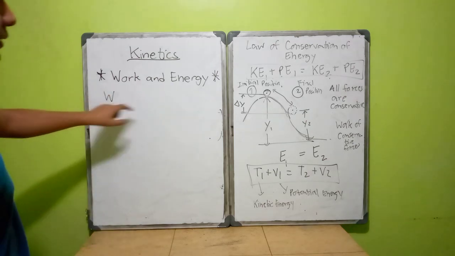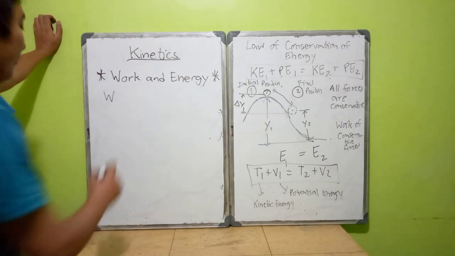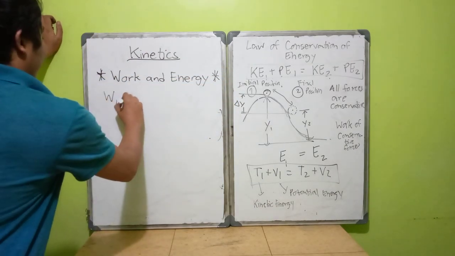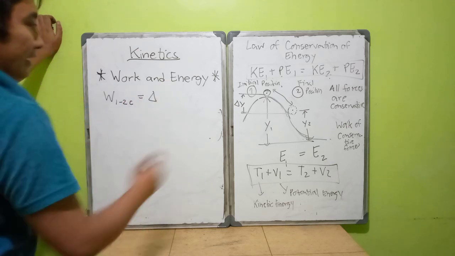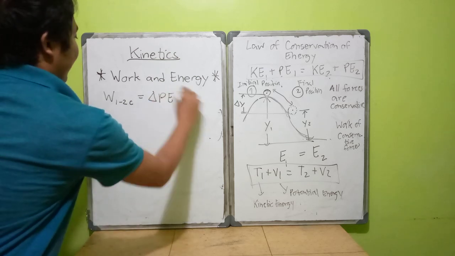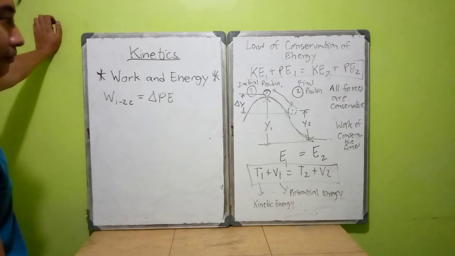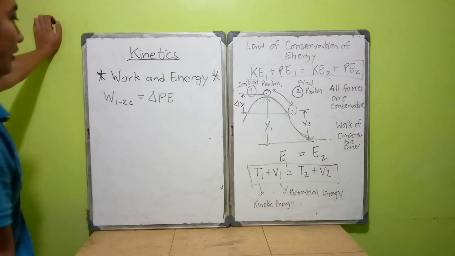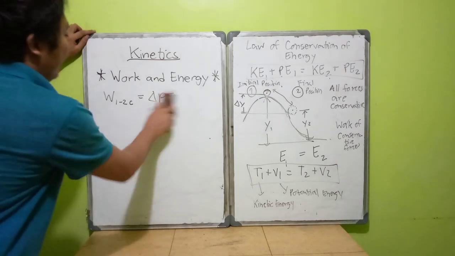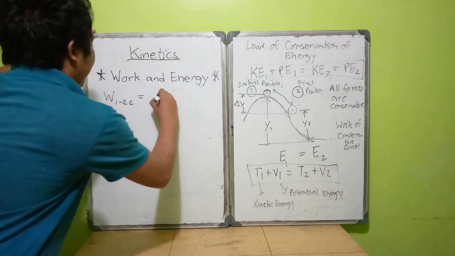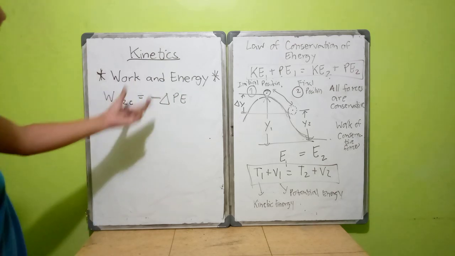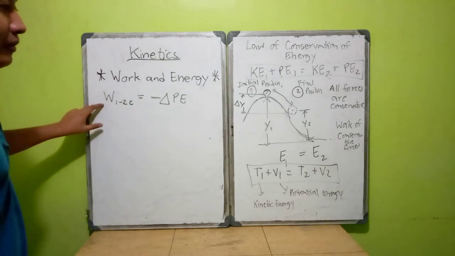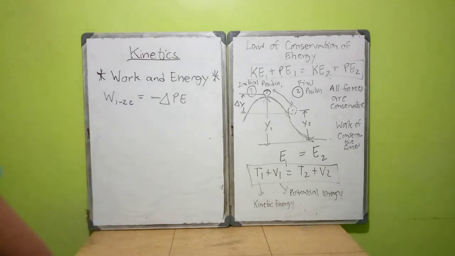Let us say we use W: the work from 1 to 2 conservative is equivalent to the negative change in potential energy. Sorry, the negative change in potential energy is equivalent to the work of conservative forces.